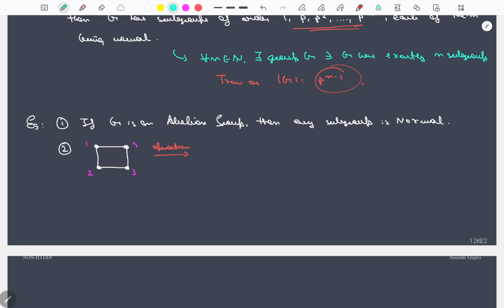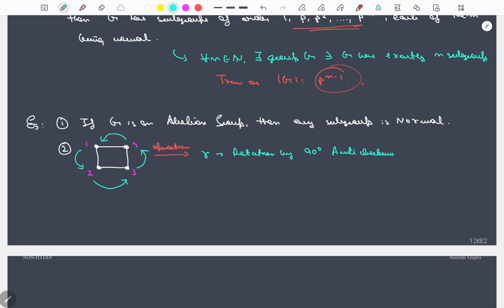And what are the operations? So there are two fundamental operations. One is r, which is rotation by 90 degrees anti-clockwise. Okay, so what we do is that applying r once to this square would send 1 to 2, 2 to 3, 3 to 4, and 4 to 1.